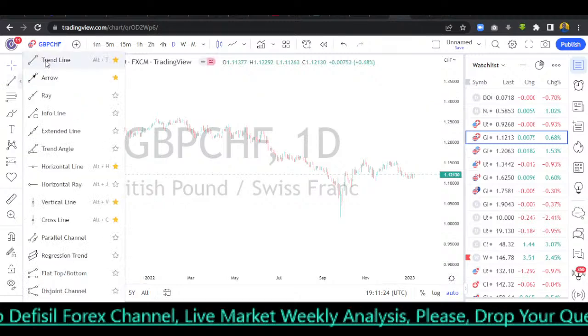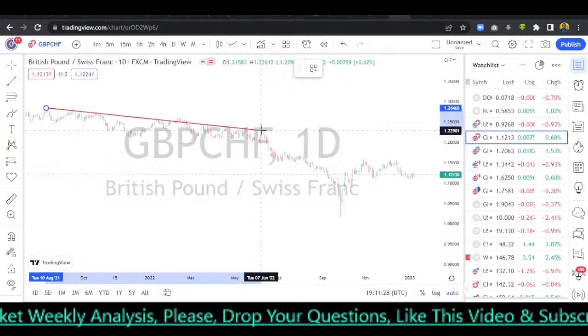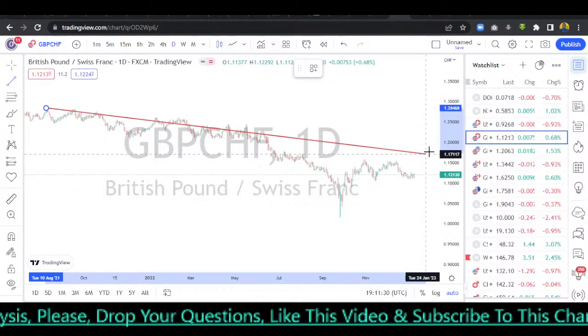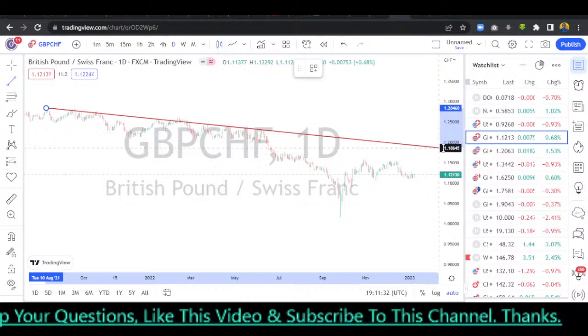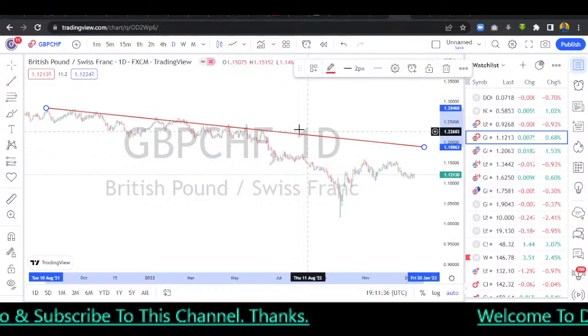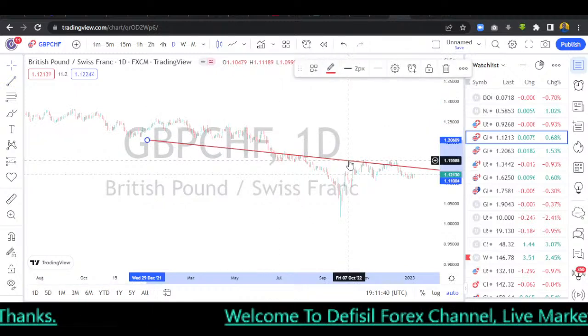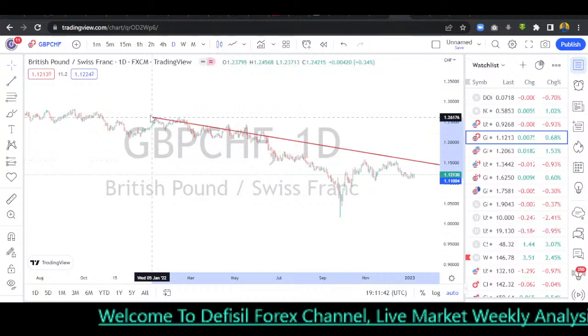We'll bring our trend line and draw from here. Consider the market is in an overall downtrend, or however, maybe we'll move it down this way, then we'll bring this up here.